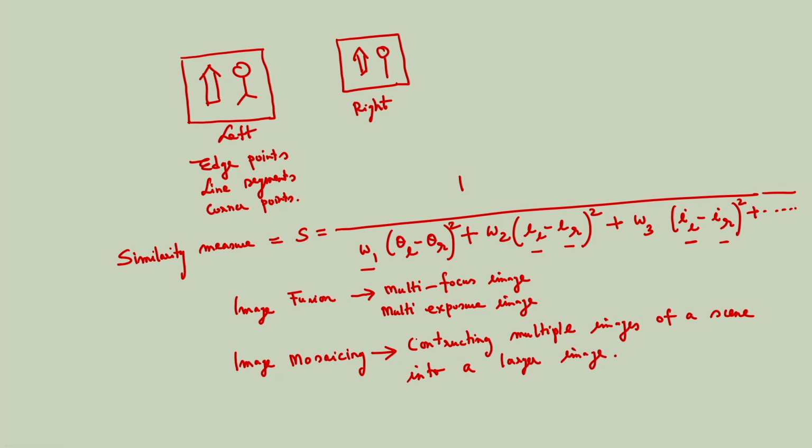That means the output of the image mosaic will be the union of two input images.